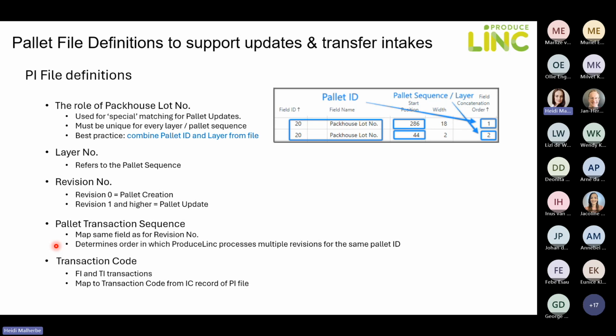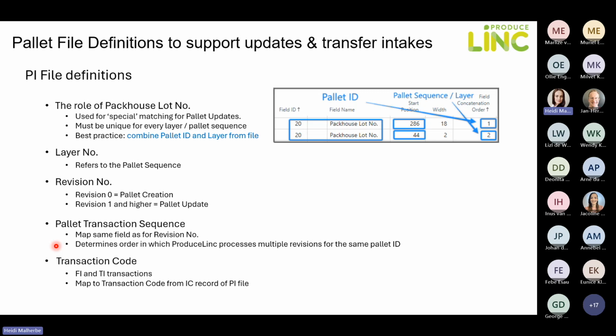Now, we need to know the exact order in which to update the information on your pallet so that you always end up with the latest truths or latest information of the pallet on your stock. And that's when we look at the pallet transaction sequence.